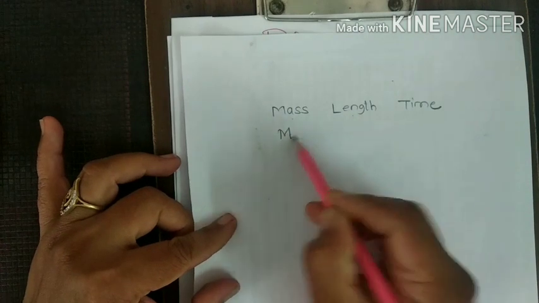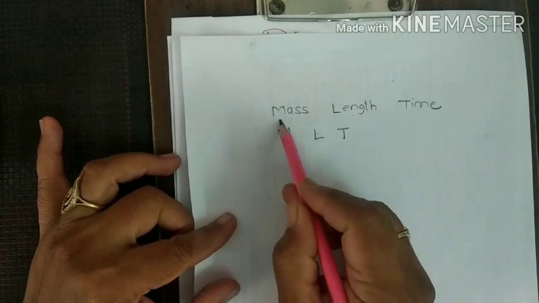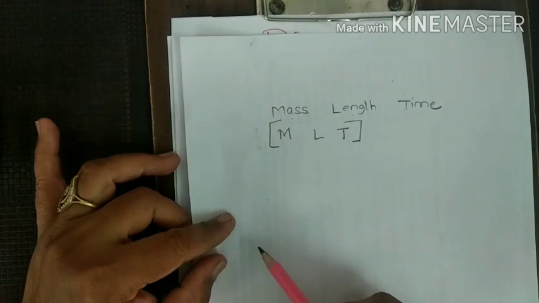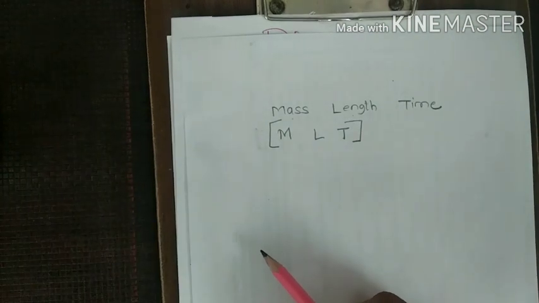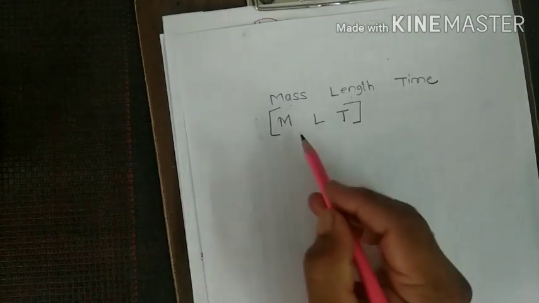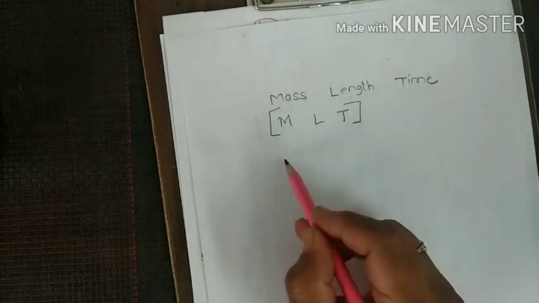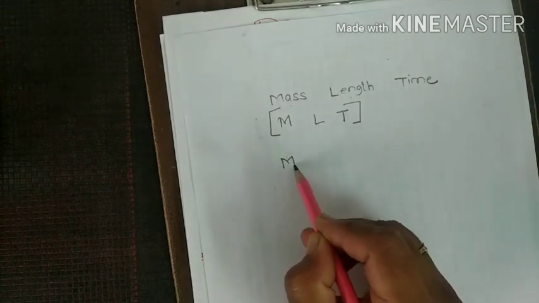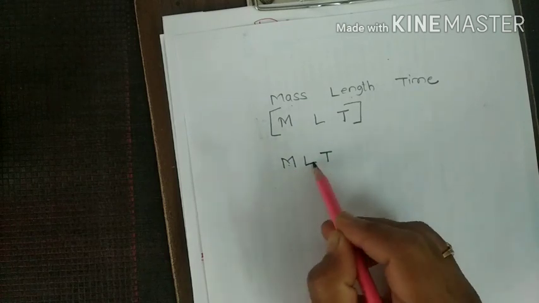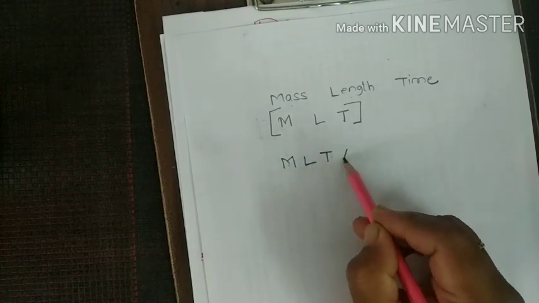That's why it is MLT, and dimensions are always written in square brackets. For dimensions of electrical quantities, electric current is used as the fourth fundamental quantity and its unit A is added with MLT. That's why for electrical physical quantities we take the dimensions of that quantity as MLT and here A is also added.